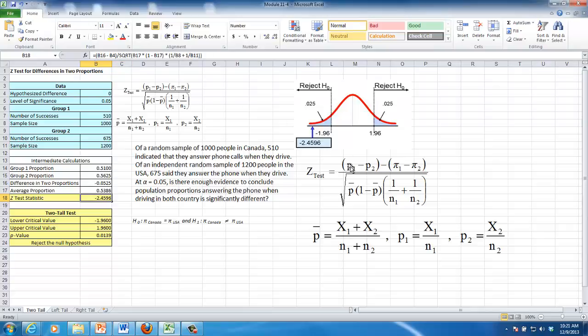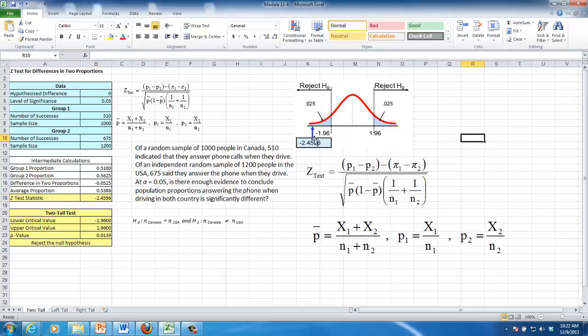B16 is the difference, P1 minus P2. B4 is pi 1 minus pi 2, which is 0, divided by the square root of p-bar times 1 minus p-bar. So the test value is minus 2.4596.